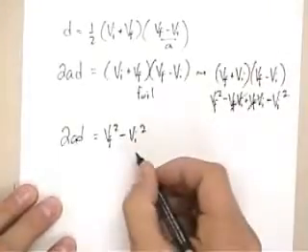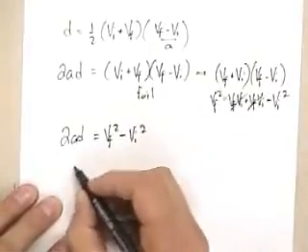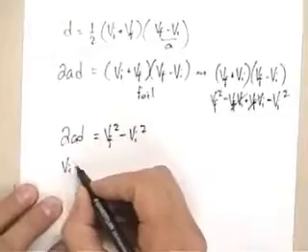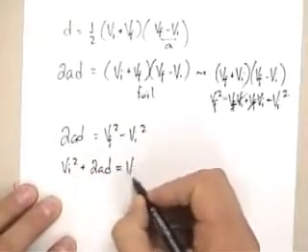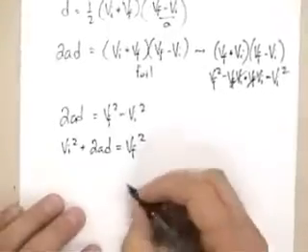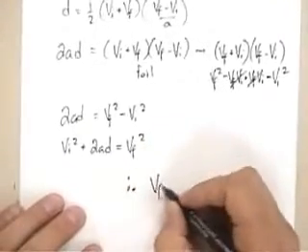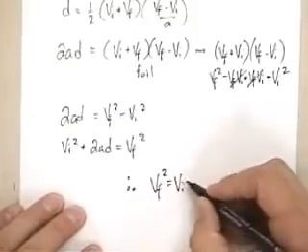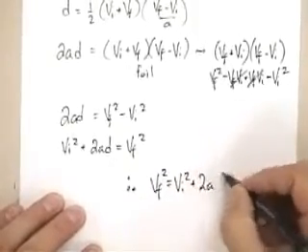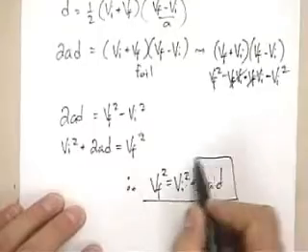Nice. I'm going to bring this VI squared over. So I'm going to get VI squared plus 2AD equals VF squared. Therefore, when I shift this thing around properly, VF squared equals VI squared plus 2AD. There you go.